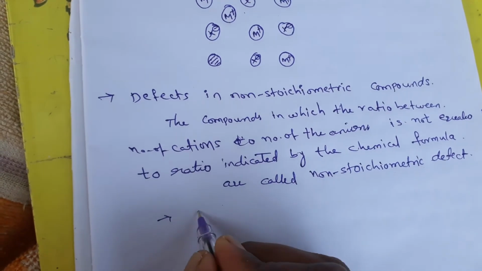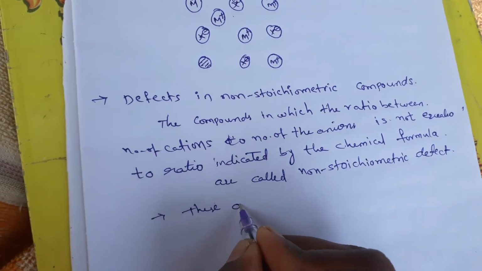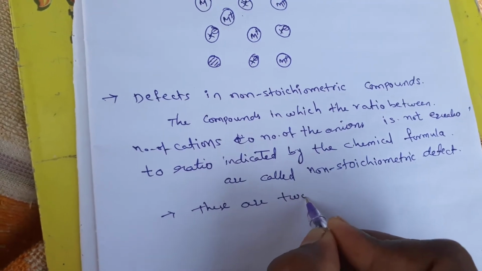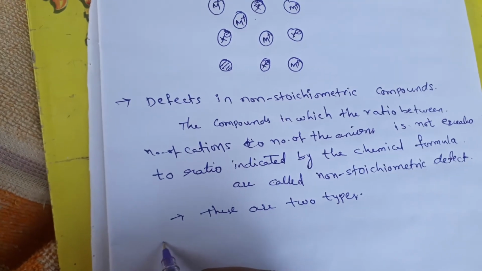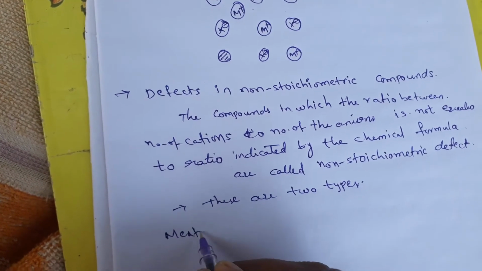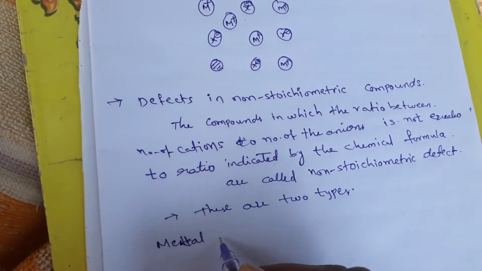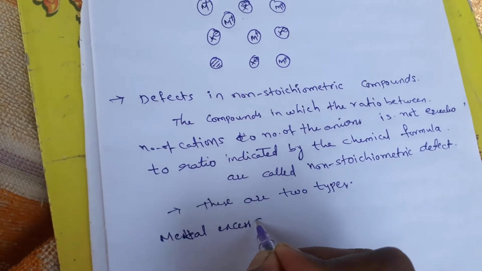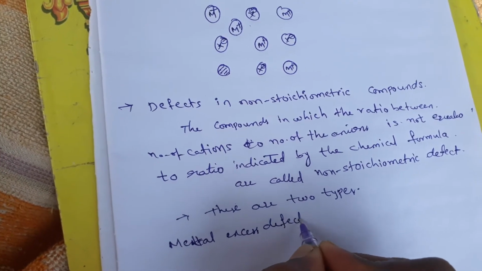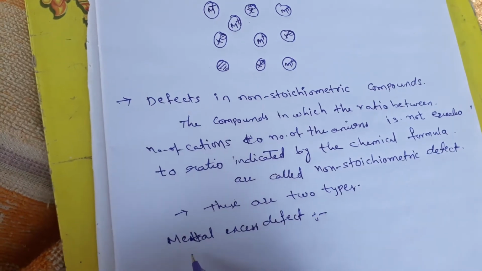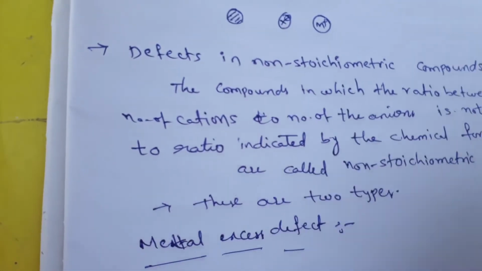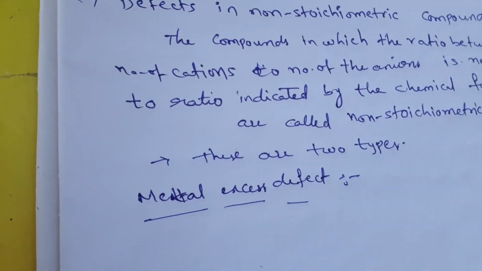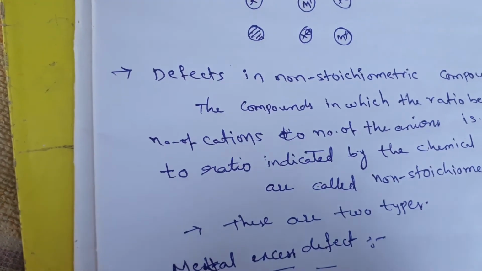So these are two types. One is metal excess defect, and the other is metal deficient defect. So first one is the metal excess defect. Simple it is.